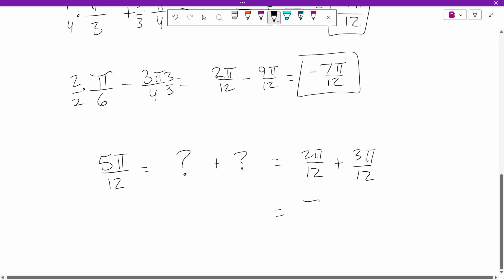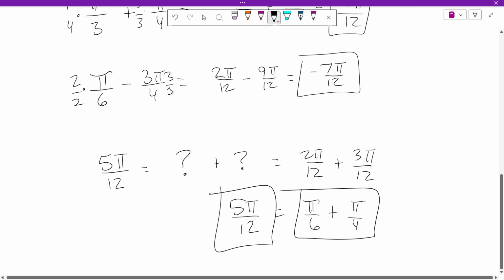Which is the same as pi over 6 plus pi over 4. That's what 5 pi over 12 is. So you have to know how to make this into this. Because you have to take what's not on your unit circle, something over 12, and make it a sum or difference of something that is on your unit circle.